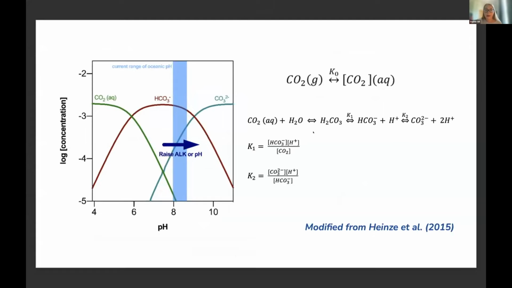Alkalinity can be increased by adding conservative cations to the surface ocean, for example through weathering processes on land, because this increases the difference between the conservative cations and anions, and this causes the carbonate buffer system to shift its speciation towards the more negatively charged end of the spectrum to make up for that extra charge imbalance.